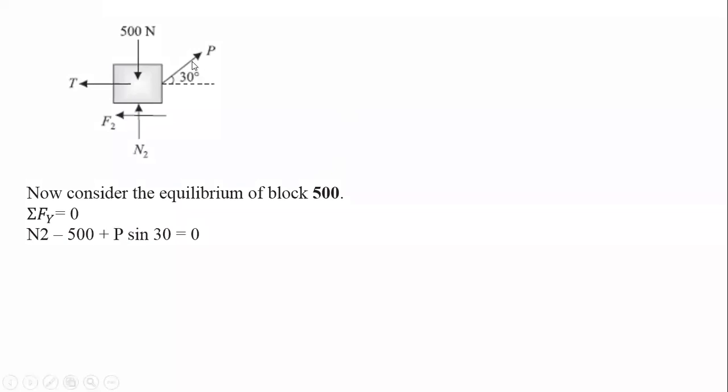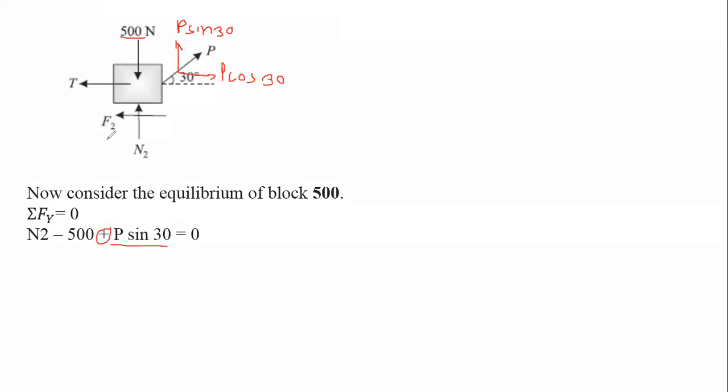As we know, the resolved components in the horizontal direction and in the vertical direction will be P cos 30, and the vertical component is P sin 30. Now the vertical component is going vertically upward, that's why this value will be plus P sin 30.